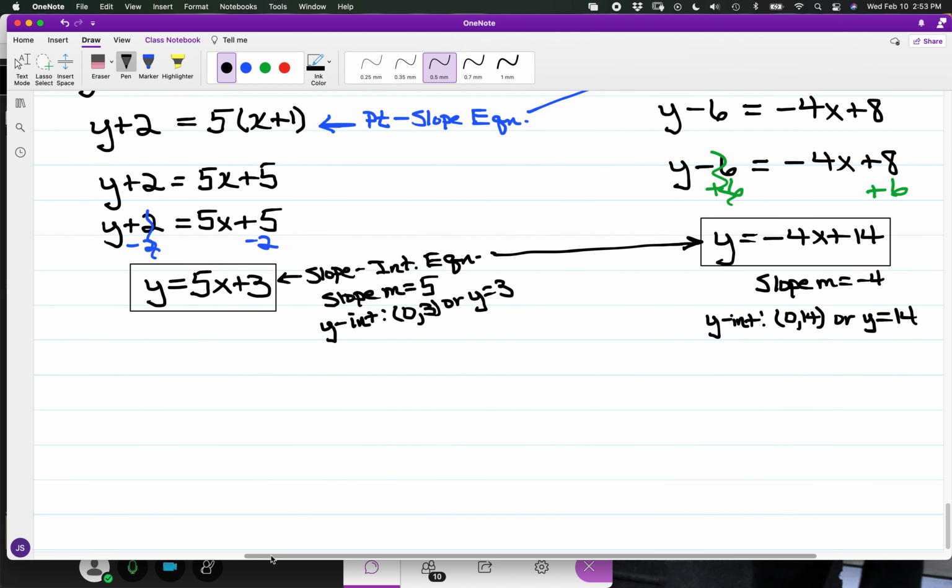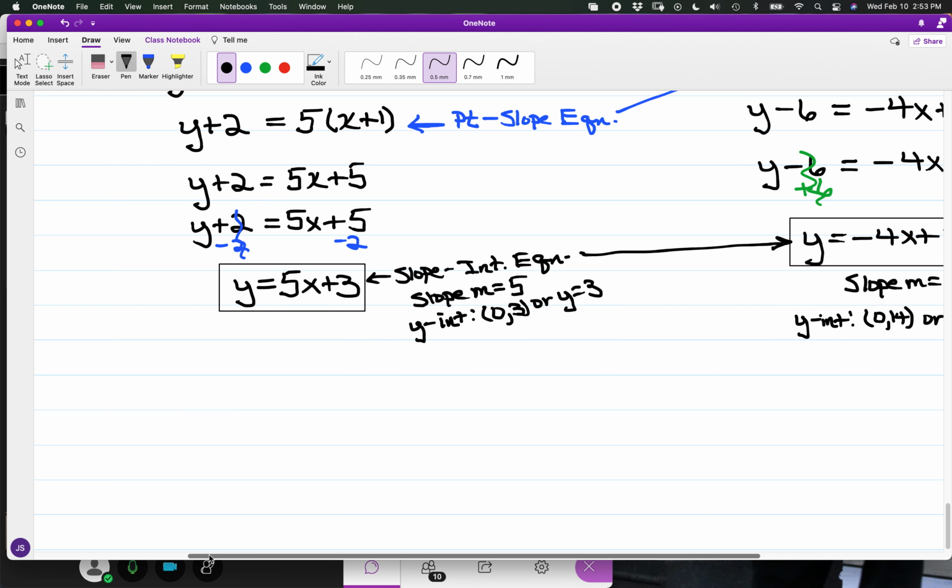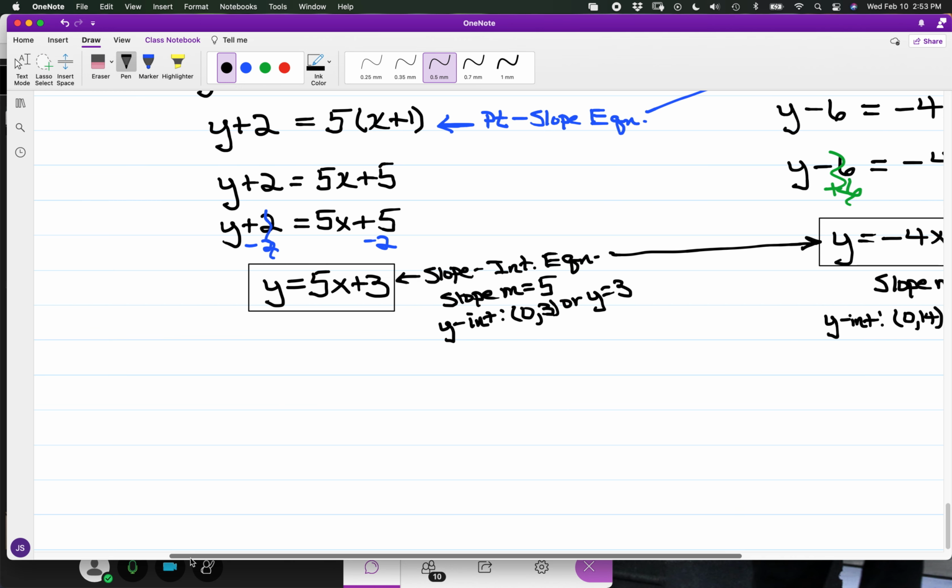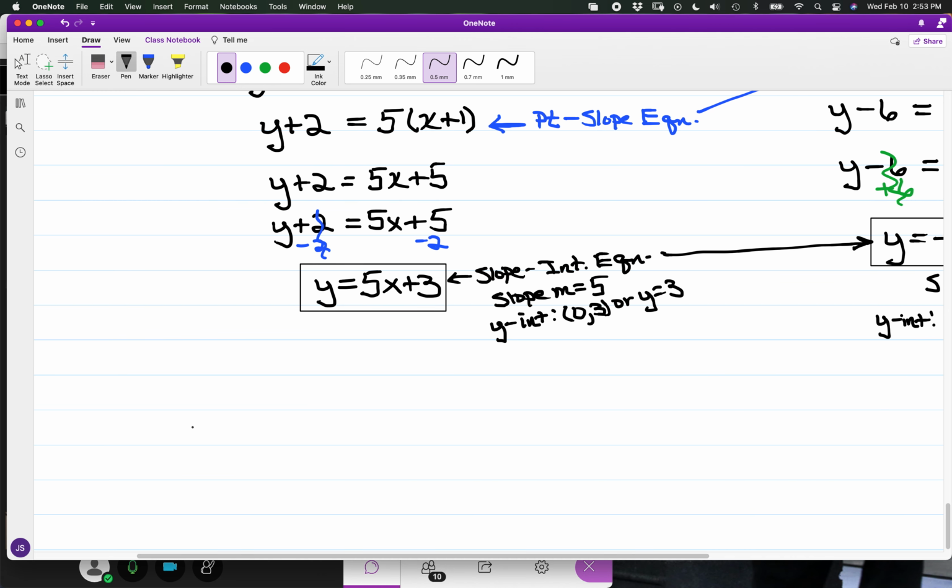Now, let's say that you do not have the slope given, but instead have it that the line passes through 2 points.